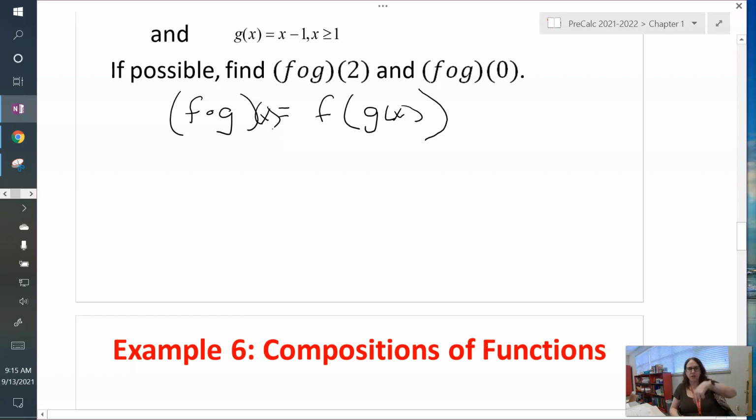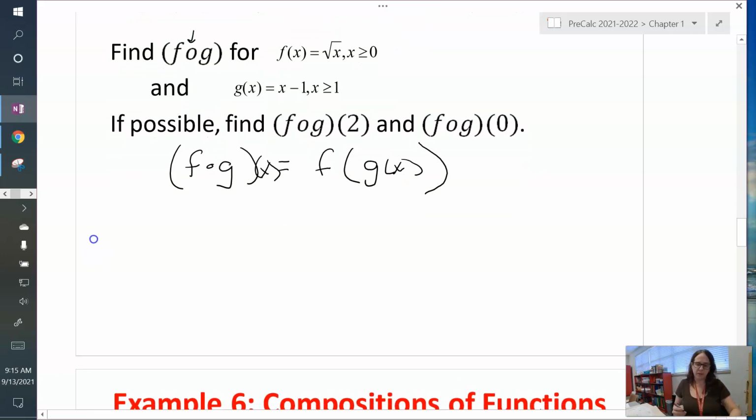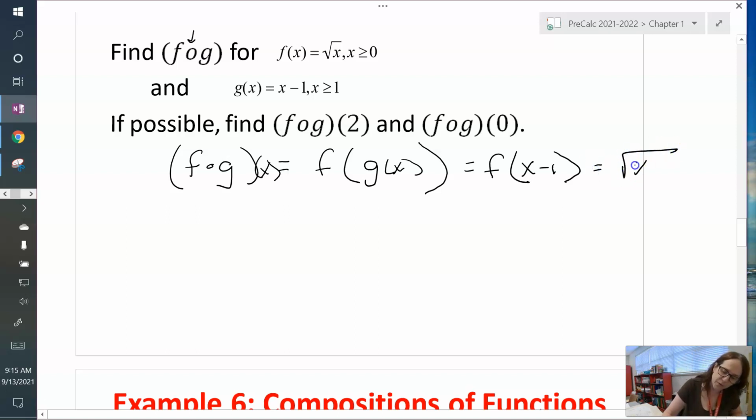So the g goes inside the f. So here we have f is square root of x, and g is x minus 1. G goes inside the f. So that's going to be f of x minus 1. And what f does is it square roots, so then that equals square root of x minus 1.